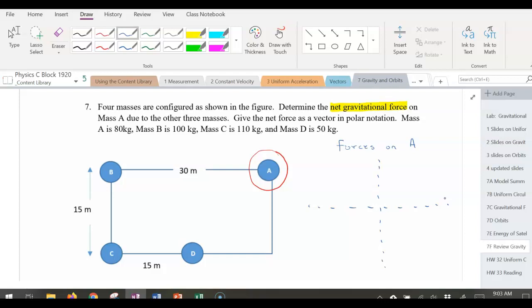So B is going to try to move A closer to B. And so therefore, the gravitational force on object A by object B would point to the left.